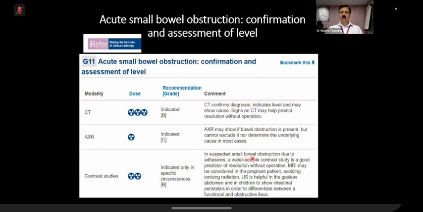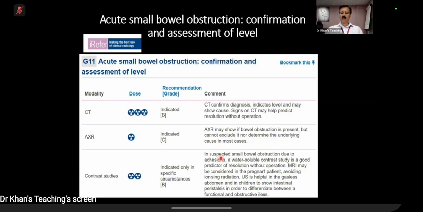Having said that, look at the role of contrast studies. If suspected small bowel obstruction is due to adhesions, I will come back to this point, adhesions, a water-soluble contrast study is a good predictor of resolution without operation. Now, this concept is asked in the exam. Please remember that the most common cause of small bowel obstruction is adhesions.